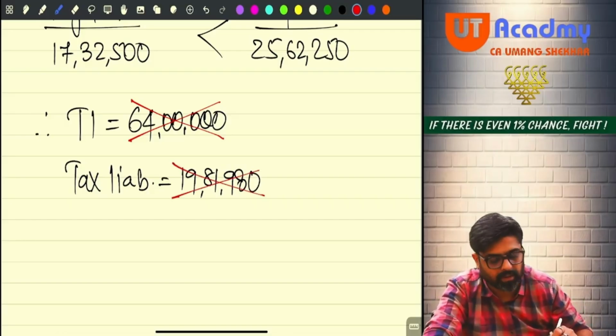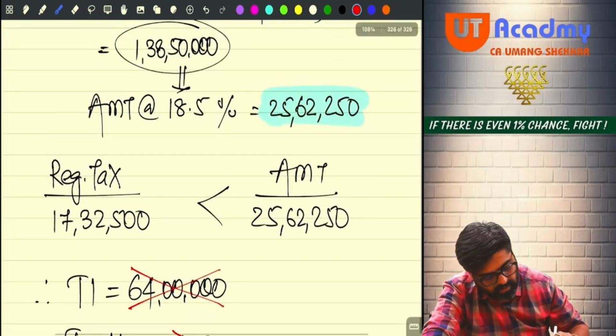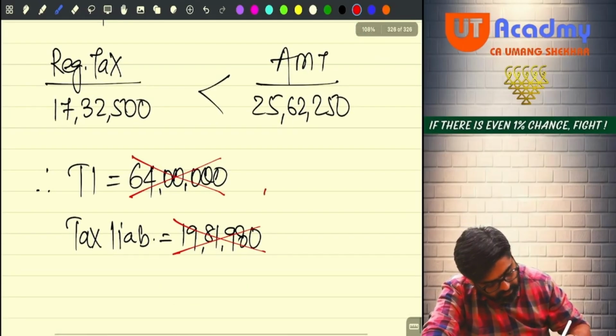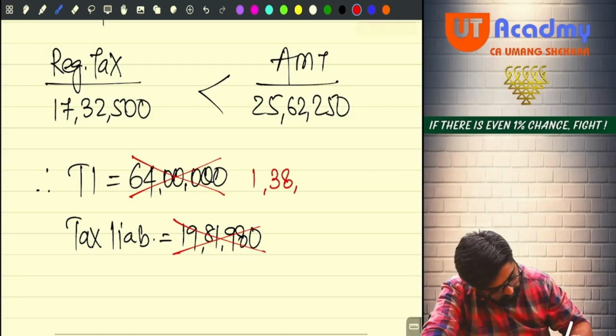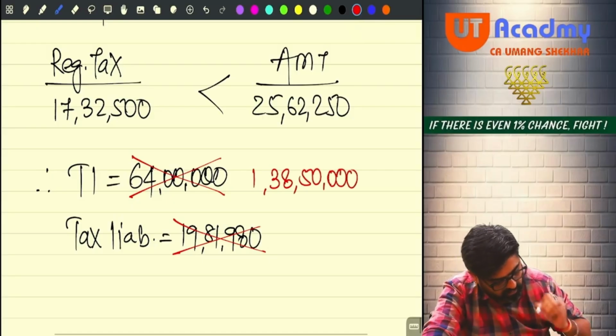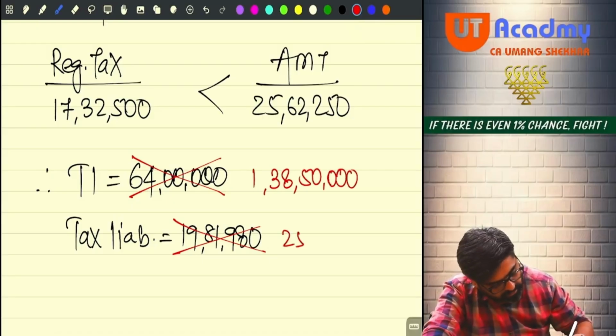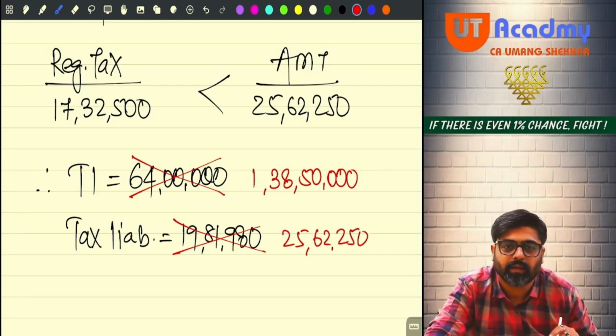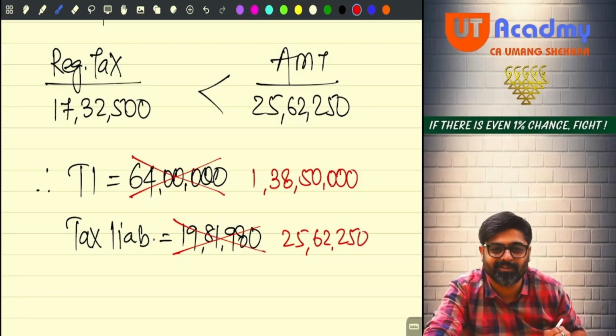Now what will be your total income? It will be 1 crore 38 lakh 50,000. On this, what will be your tax liability? 25 lakh 62,250. But don't you think that on that you will have to pay surcharge also?